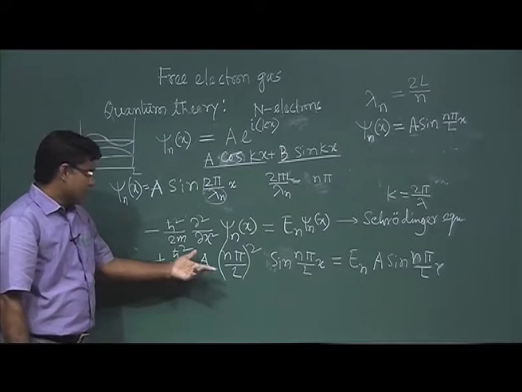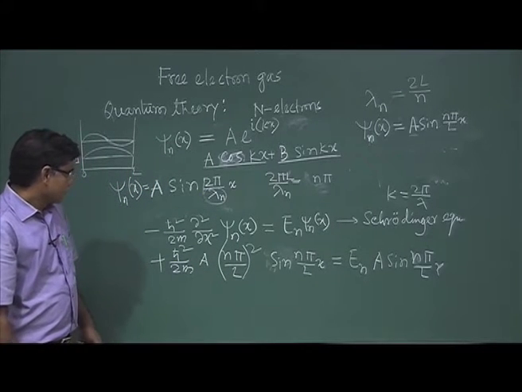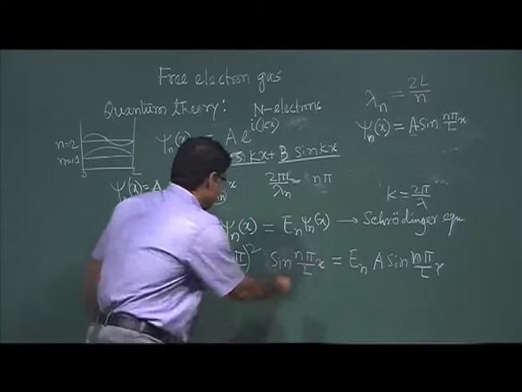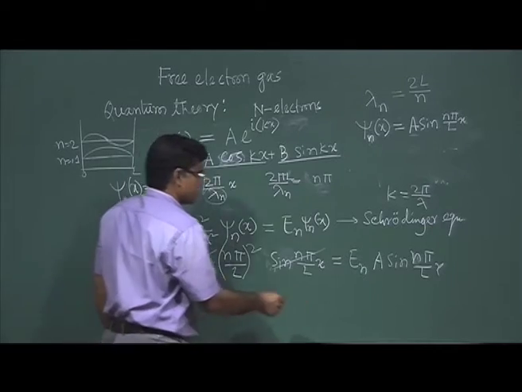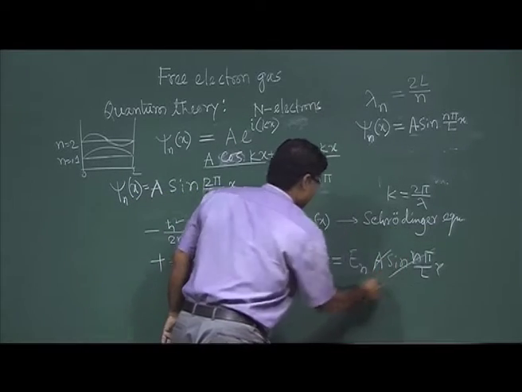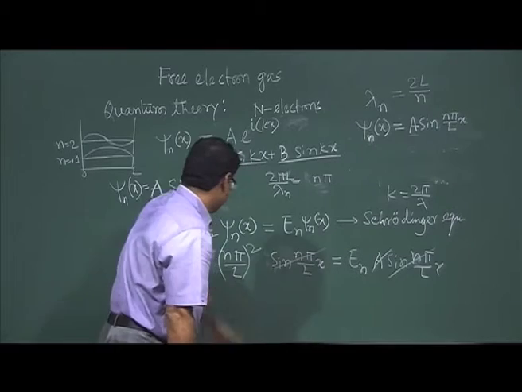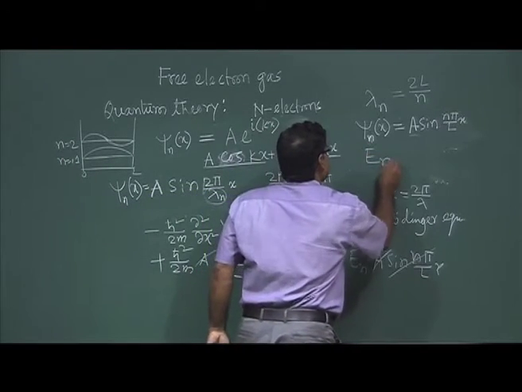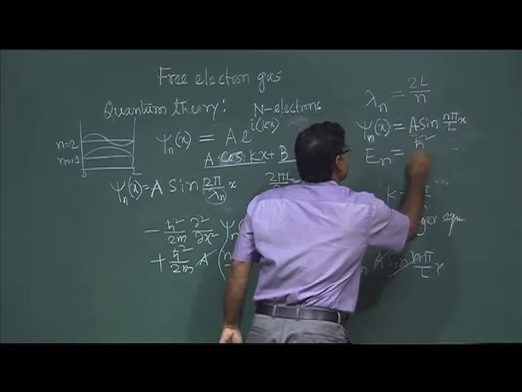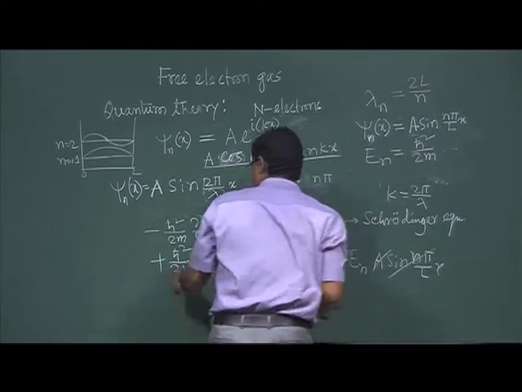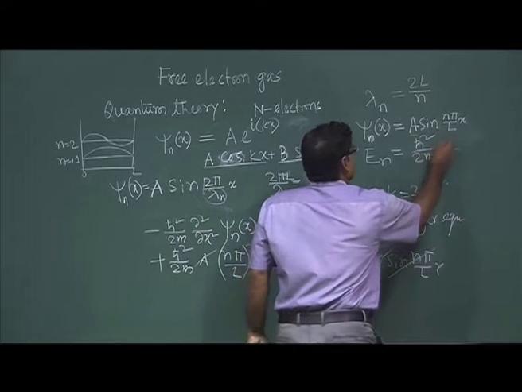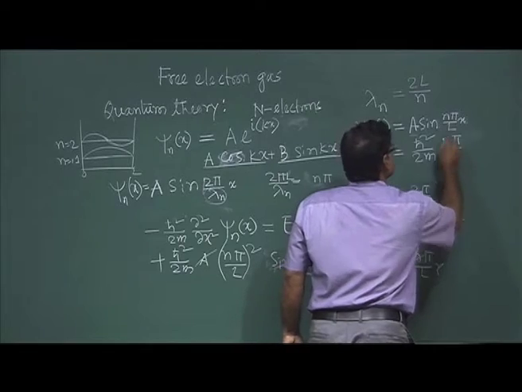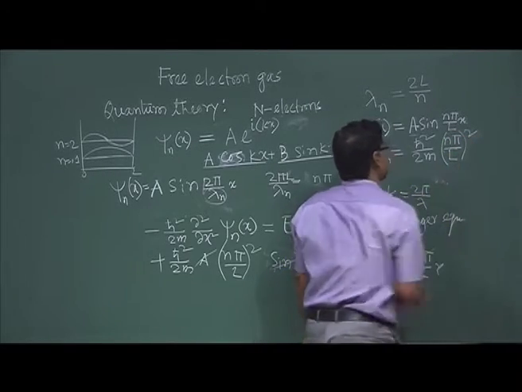So, from here what am I getting? E n, you remove this from both sides. So, E n will be equal to h cross square by 2m times n pi by L whole square, right.